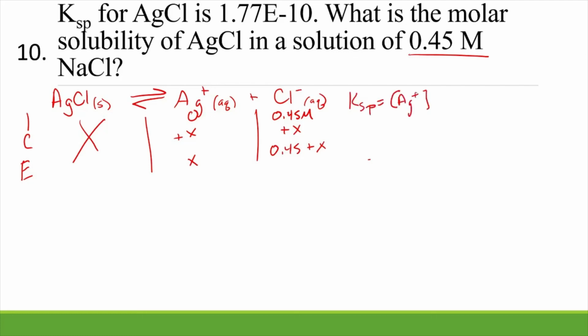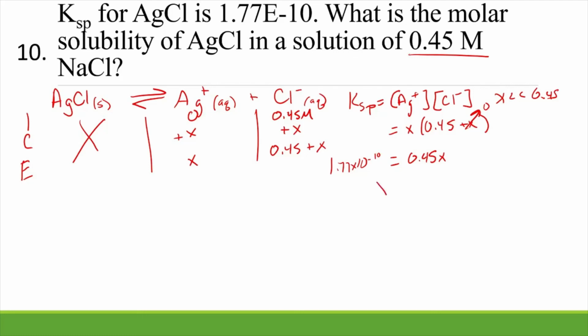All right, so Ksp is equal to Ag+ times Cl-. And so that is X times 0.45 plus X. And we can go ahead and assume that X is much less than 0.45, so it can go away to 0. So now we get 0.45X is equal to Ksp, which is 1.77 times 10 to the negative 10th.